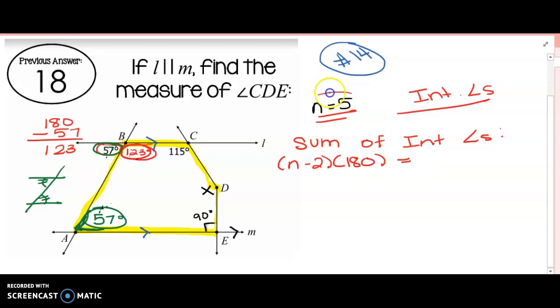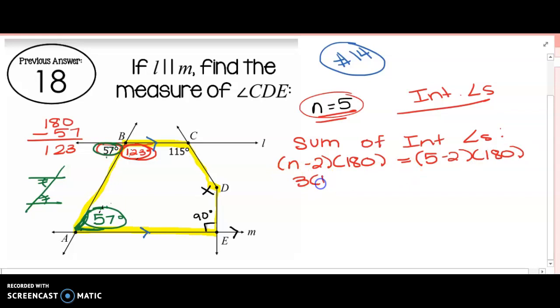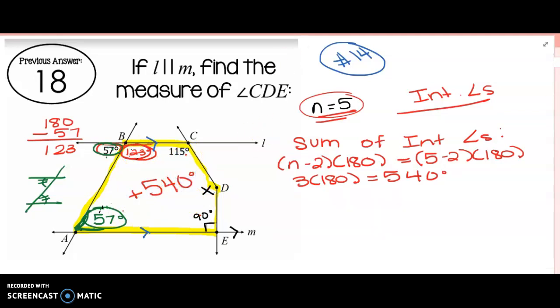Well, here my N is 5. So 5 minus 2 times 180, or just 3 times 180, which is 540. Okay, so if I add up all the interior angles of this pentagon, they would all add to 540 degrees.